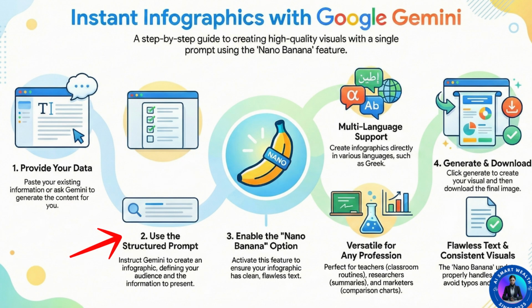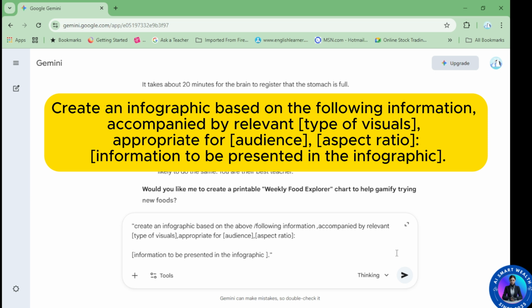Step 2. Use the structured prompt. This is where we give Gemini clear instructions in a proper format. Instead of just saying "make me an infographic," we spell out exactly what we want. Here's the structure: create an infographic based on the following information, accompanied by relevant type of visuals, appropriate for audience, aspect ratio, information to be presented in the infographic.